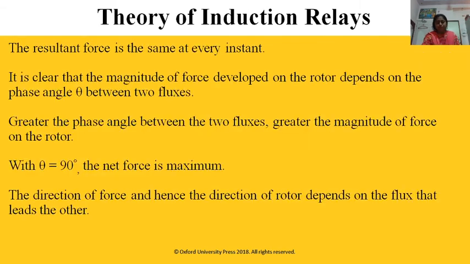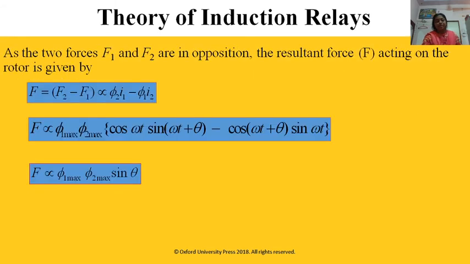The resultant force is the same at every instant. It is clear that magnitude of force developed on the rotor depends on the phase angle theta between two fluxes. Greater the phase angle between the two fluxes, greater the magnitude of the force on the rotor. When theta equals 90, the net force is maximum. This I have already explained.